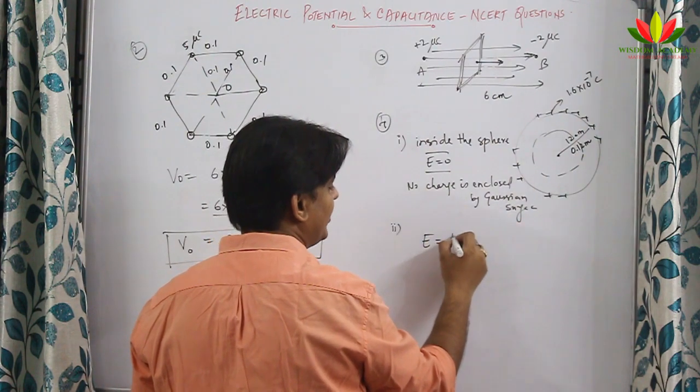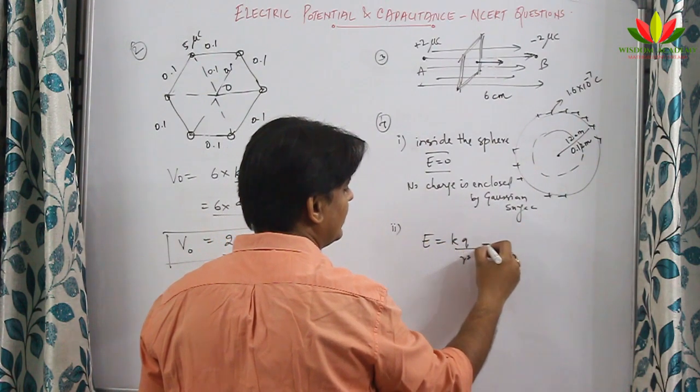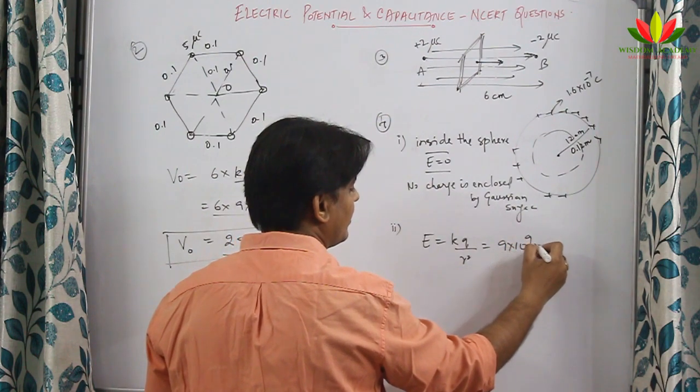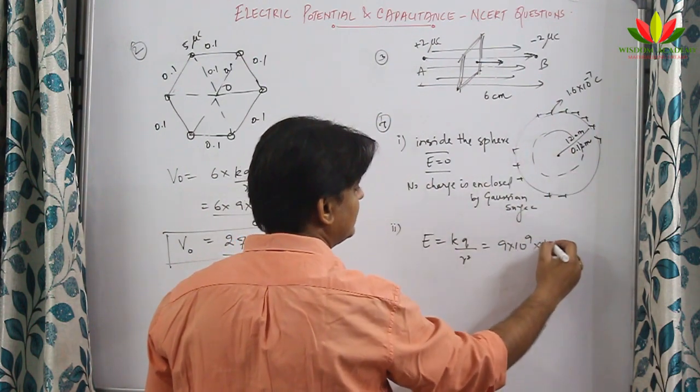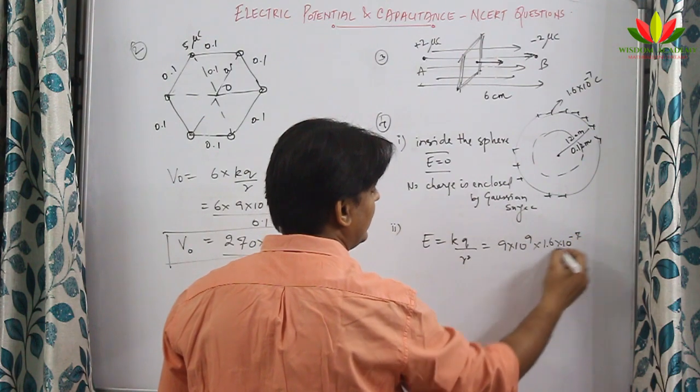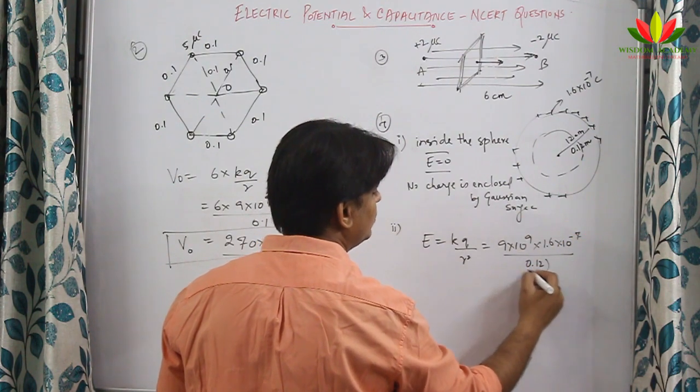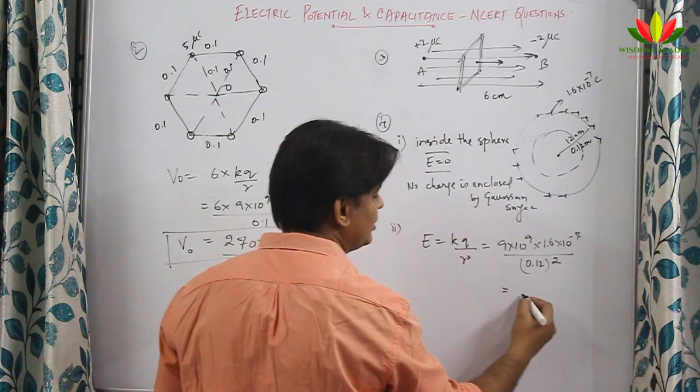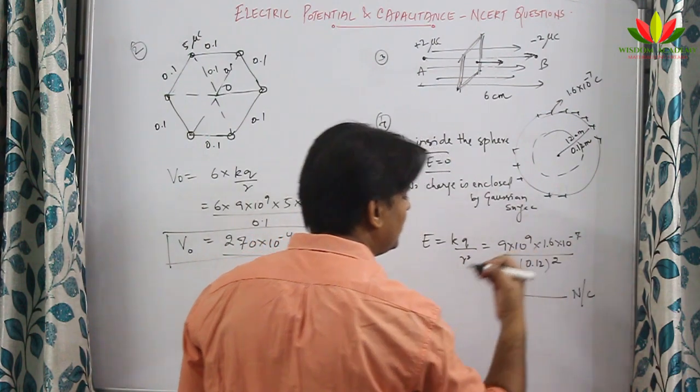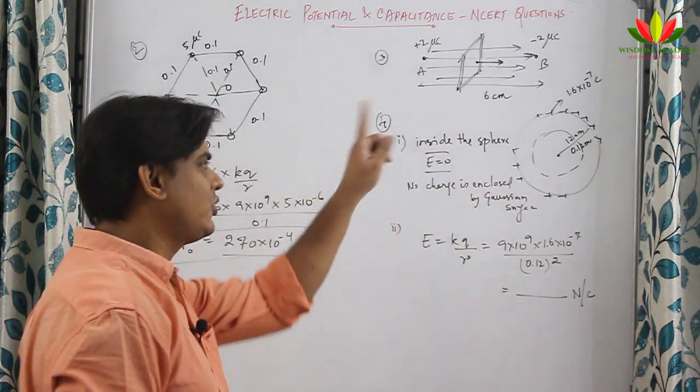The electric field will be K Q by R square. K is 9 to the power 9, Q is 1.6 into 10 to the power minus 7, and R is 0.12 square. When you solve this, you will get this much Newton per coulomb as the electric field just on the surface.